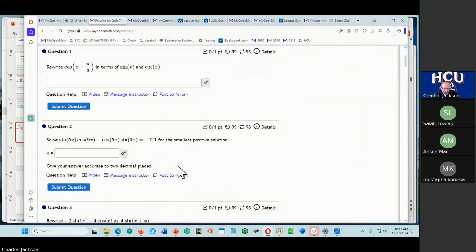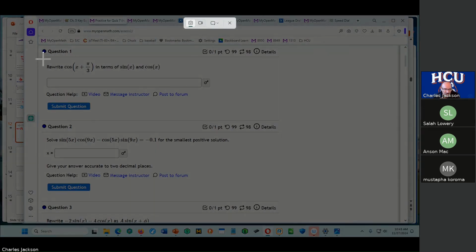Rewrite that thing in terms of sine and cos. So cofunction identity there. You would take that argument x plus pi over 3. Well, actually, you'd probably use a double angle formula. And since that's actually the most important double angle formula of all, might be good to do this one.